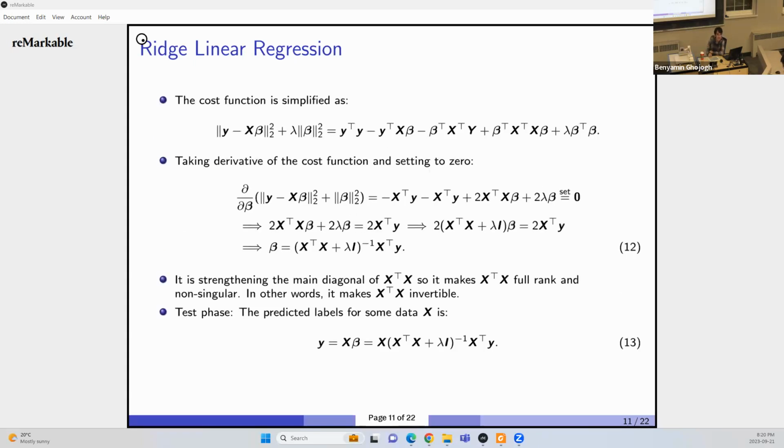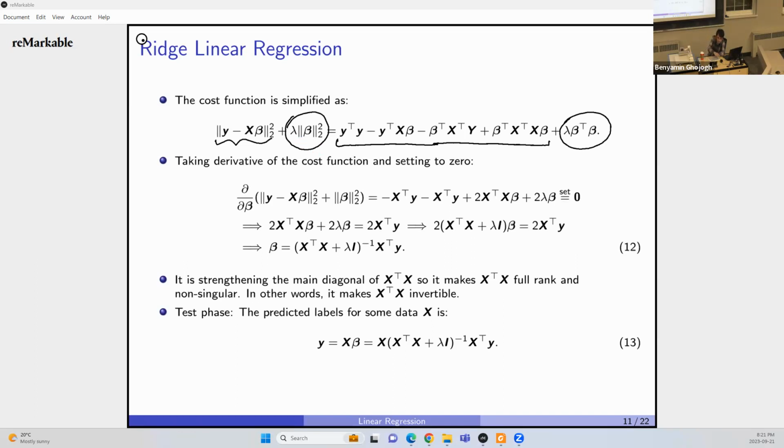Now let's simplify the cost function, because we want to optimize it, right? This is simplified to this as before. This is simplified to this as before. The only thing is this. Here it is simplified to this because this is a quadratic form.